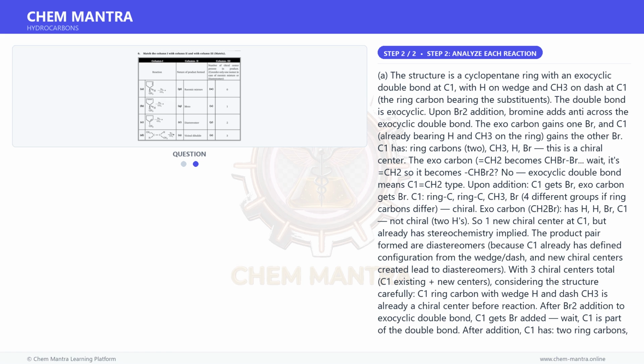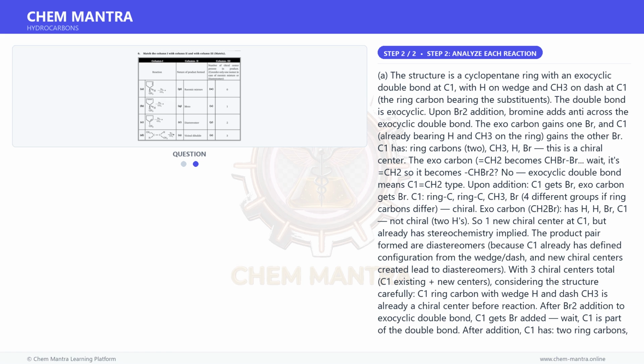Br2 adds, C1 gets Br, ring carbon, symmetric, C2 and C5 identical by symmetry, the exocyclic carbon CH-CH3 gets Br. C1, symmetric ring, not chiral, C2 equals C5 by symmetry. The exocyclic carbon: Br, H, CH3, C1, chiral. So 1 chiral center? But the answer says Y equals 2.